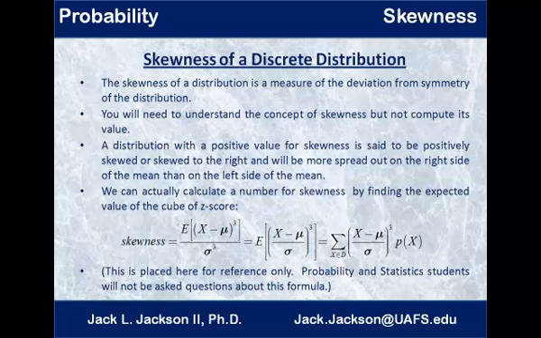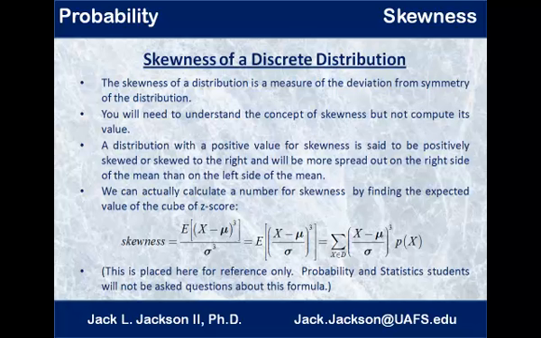Now, when we talk about this, there's actually a number you can compute for skewness. What you do is you basically take a z-score. Remember how we did a z-score? You took the x minus mu and divided by sigma, and then you cube that and find the expected value of that. So in other words, you take x minus mu, divide by sigma, and cube it, multiply by the probability of x, and add those up.